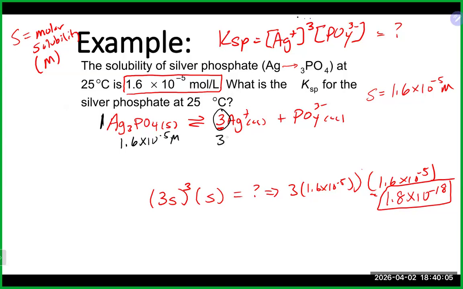So you multiply by 3 to get the concentration of silver in that solution, which gives you 4.8 times 10 to the minus 5. And it is a 1-to-1 relationship with the phosphate, so that's 1.6 times 10 to the minus 5.